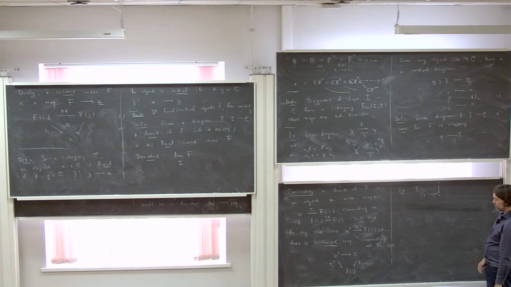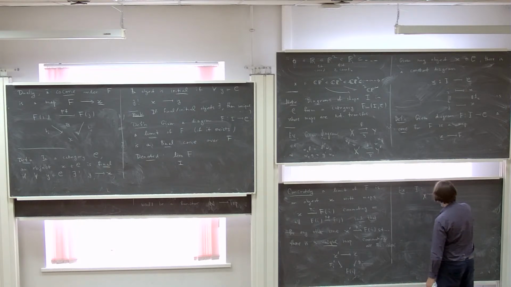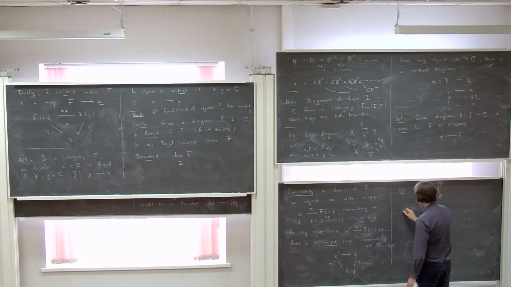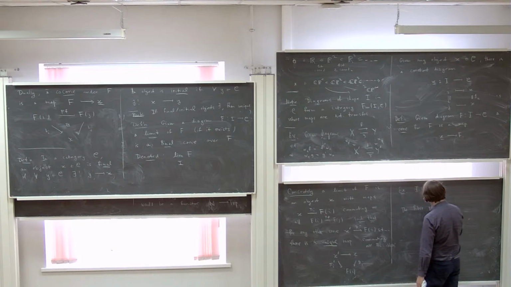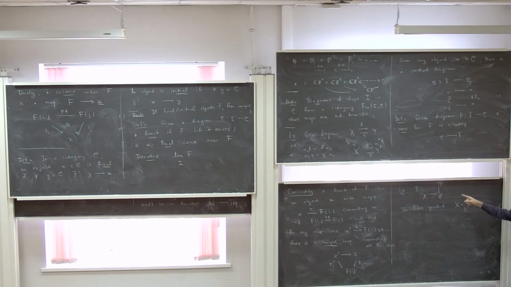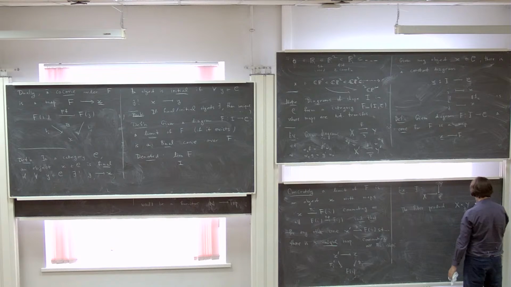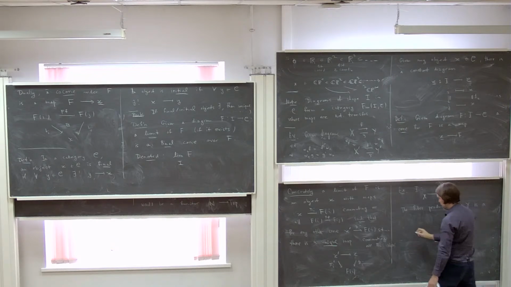So in this example, let's suppose this is X, Z, and Y. The fiber product is a cone for this diagram because it maps to X and it maps to Y and then composing maps to Z. So this is a cone.